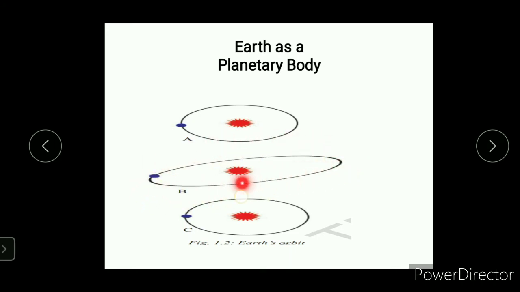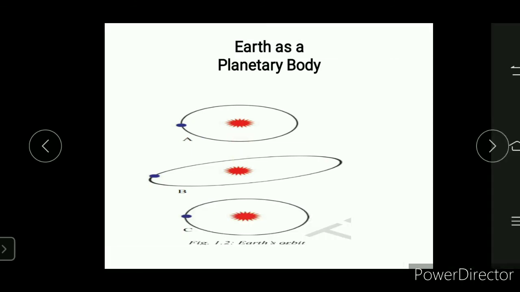When Earth revolves around the Sun in the shape of an oval path, at one moment it goes far from the Sun, and at another moment it comes near to the Sun.